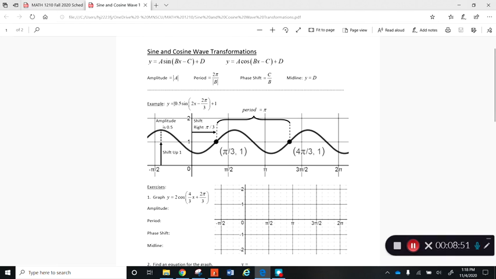We've got the 0.5 for A, which shows an amplitude of 0.5. So here we're seeing the distance from the midline to the peak here is half a unit. The +1 way over on the end has the shift up, which gives us a midline of y equals 1 through there.